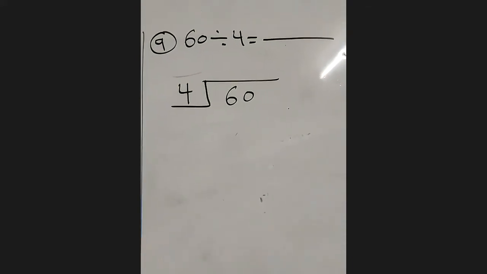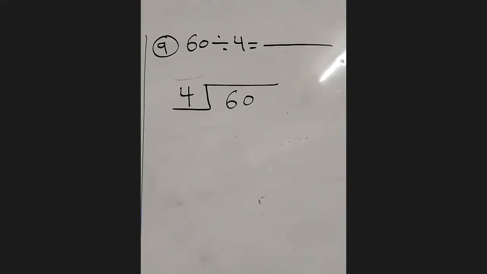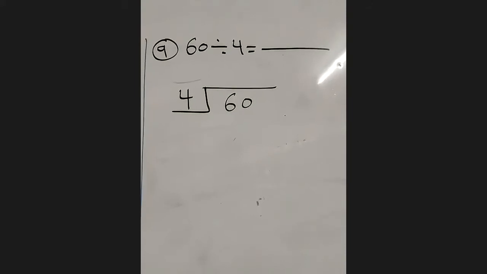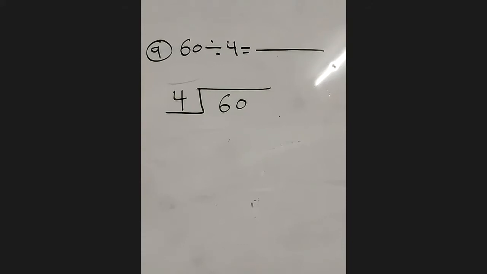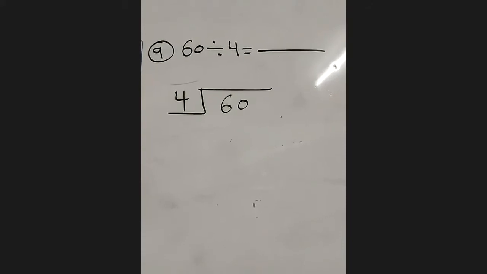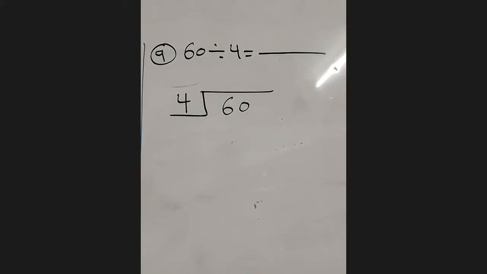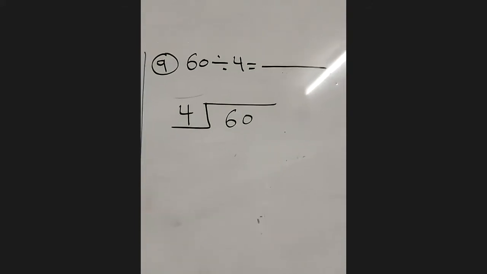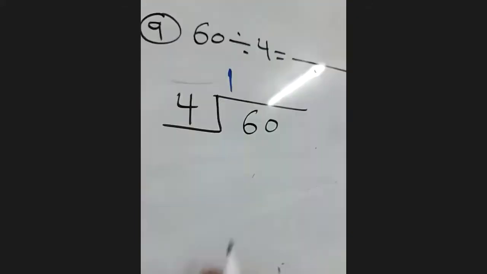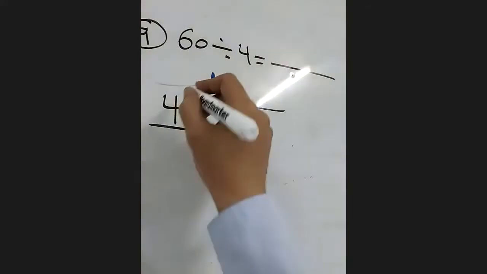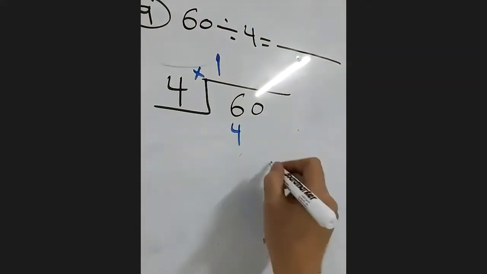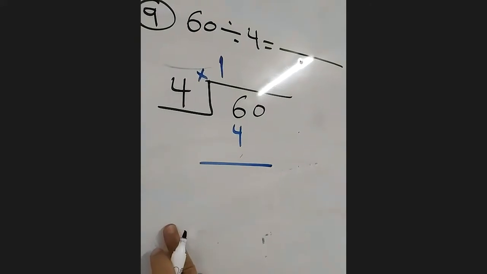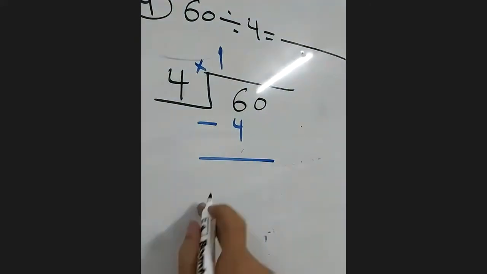4 is less than 6, so we will use only the 6. Good. 4 times 1 equals 4, because if we multiply 4 times 2, it will be 8, and that's wrong. So I will start with 1, right? Yalla, 1 multiply 4, 4. Then 6 minus 4 equals 2.